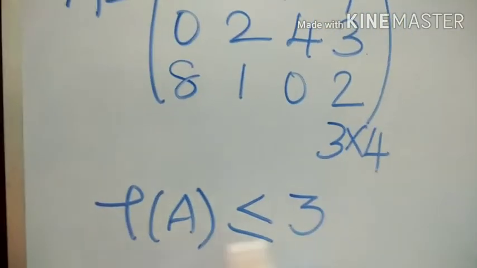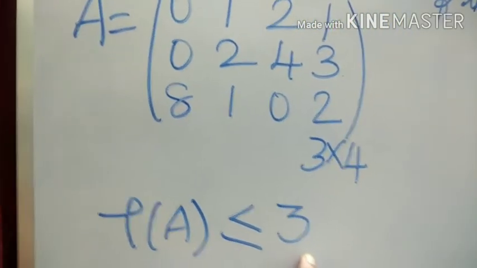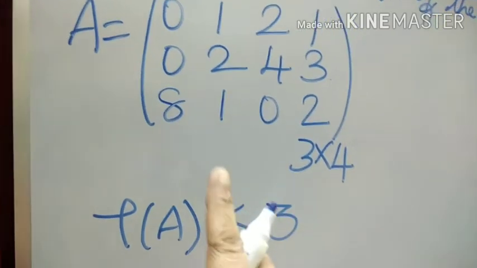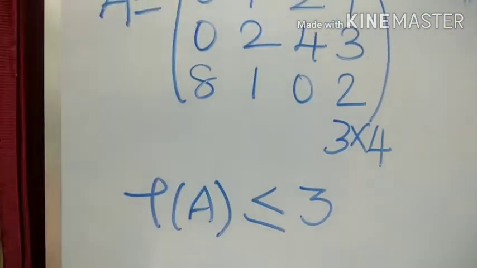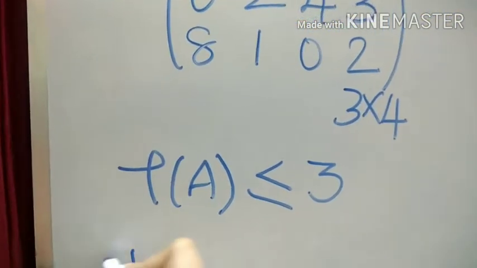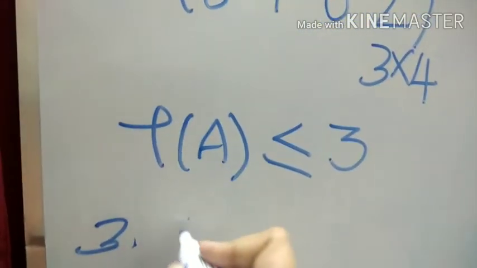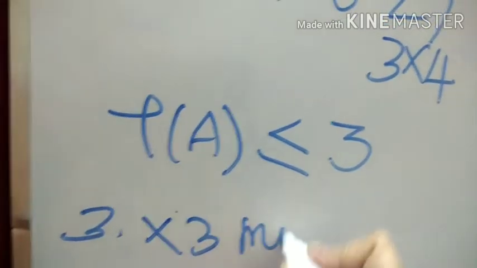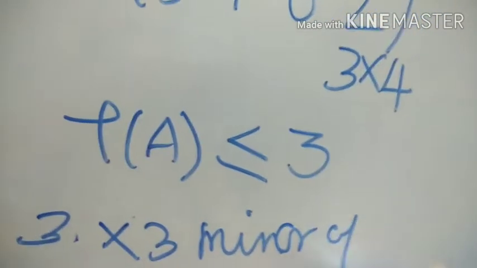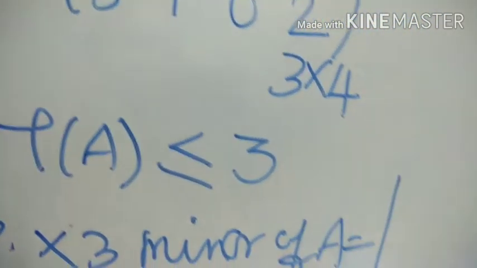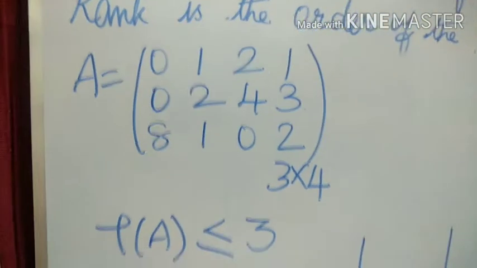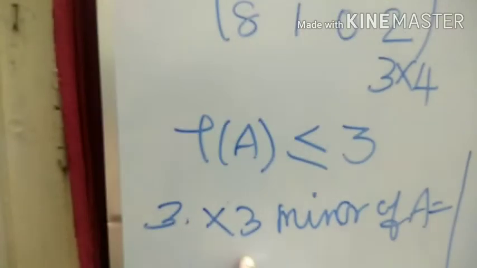When I say rank of A is less than or equal to 3, choose any 3 rows and 3 columns from the matrix A, which I will call a 3 by 3 minor of A. What do you mean by minor? I am hiding a particular row or column, and I will immediately call it a minor. Now I need a 3 by 3 minor.